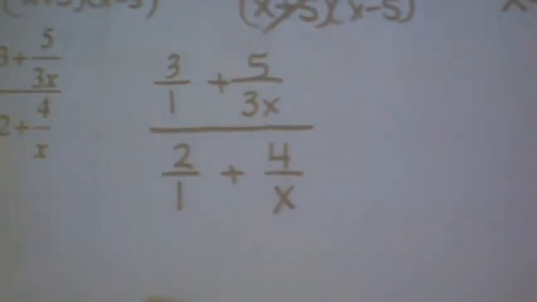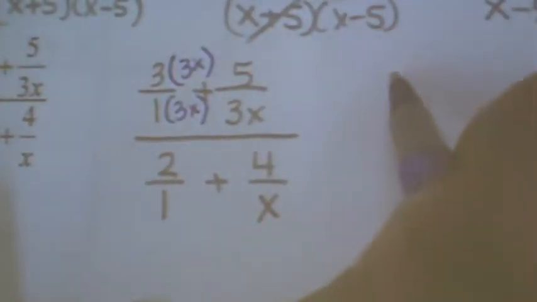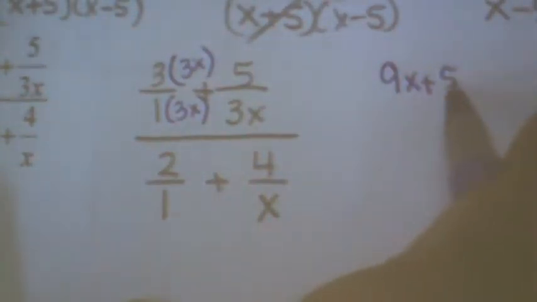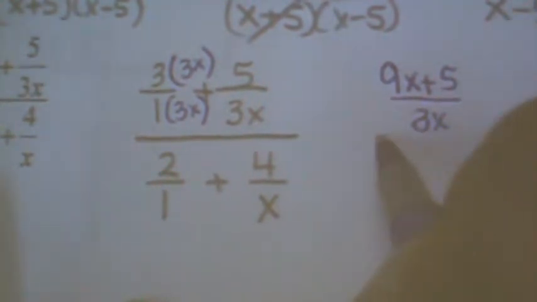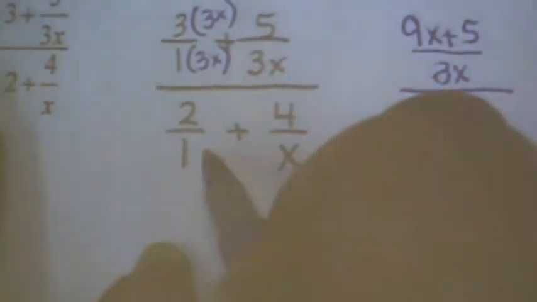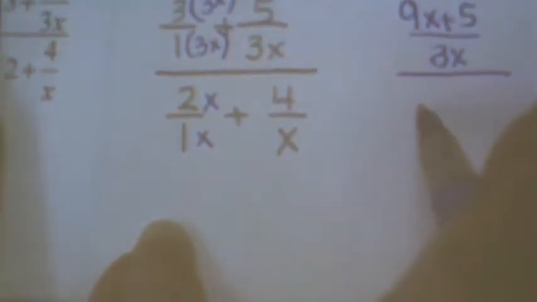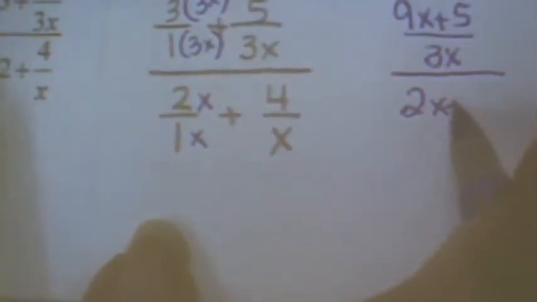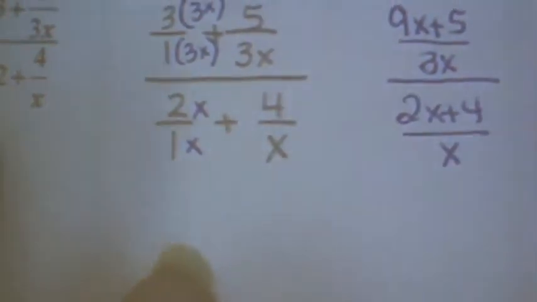What's the common denominator? We have to multiply this by 3x and this by x. So you have 9x plus 5 over 3x, and 2x plus 4 over x.